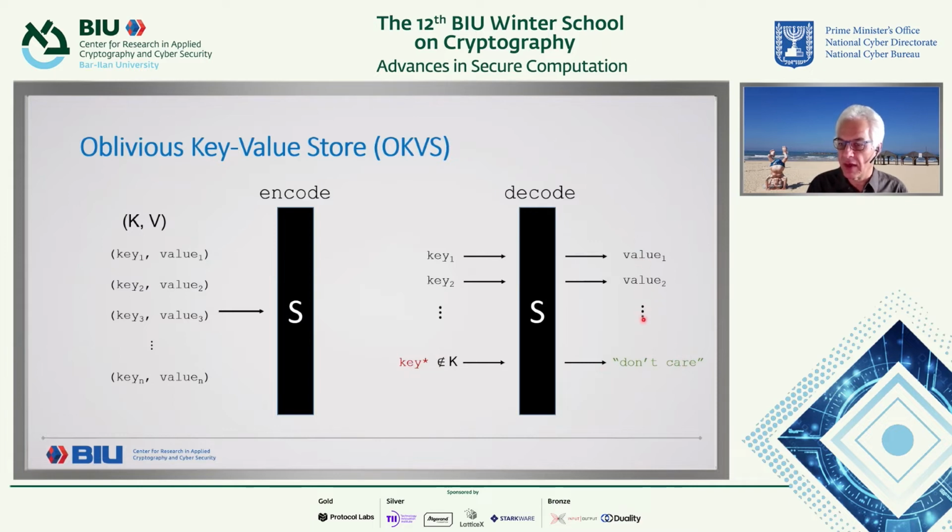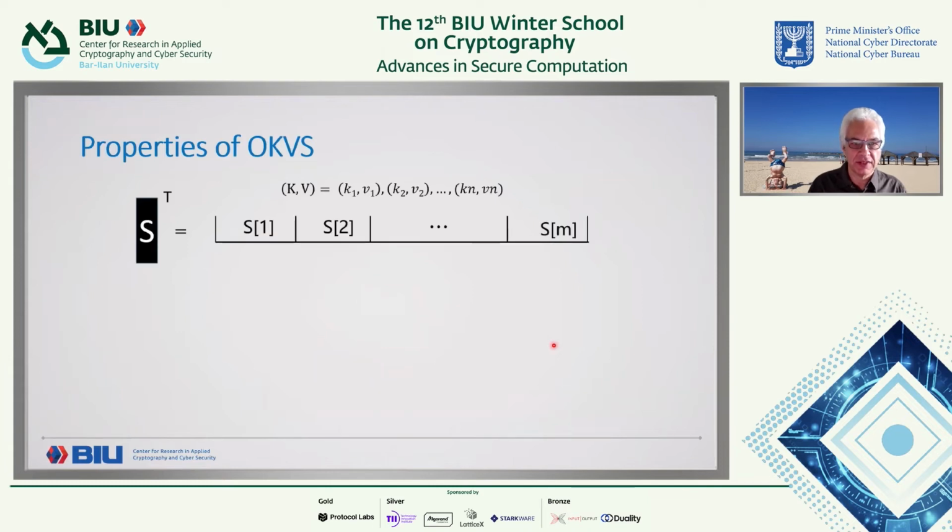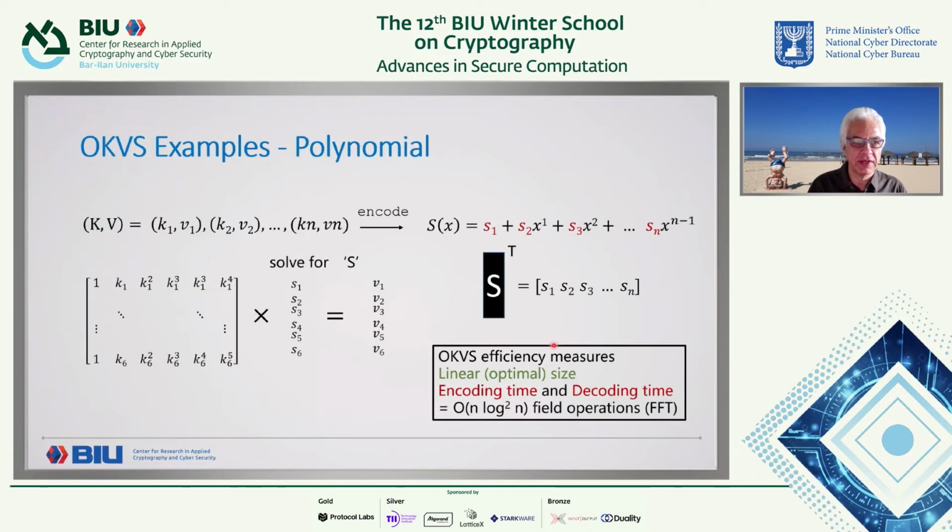And if these values are pseudo-random, whoever queries gets a value, but doesn't know whether he received something which was encoded in the database or something totally random, because they all look pseudo-random. This seems a bit odd, but I'll show you examples. Let me skip to an example first.